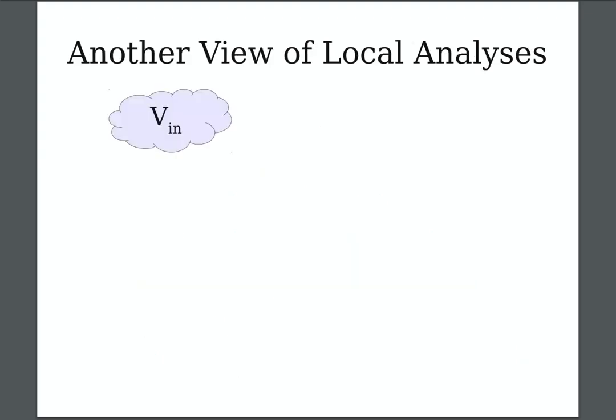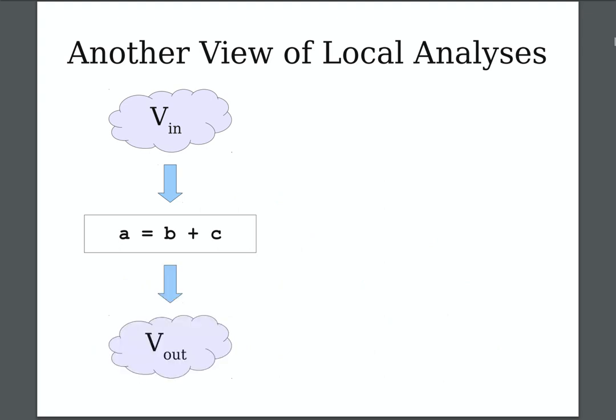So another way to look at these analyses, a little bit more abstract way to look at these kinds of analyses, is that there's some set of values, like the set of available expressions, some set of values that exist before we encounter this statement, like A equals B plus C. And this statement somehow transforms or changes what values are available after A equals B plus C. So we can formalize this a little bit with some notation that just says the set of values that's available after the statement is equal to the set of values before the statement with some changes that are dependent on the kind of statement we're looking at.